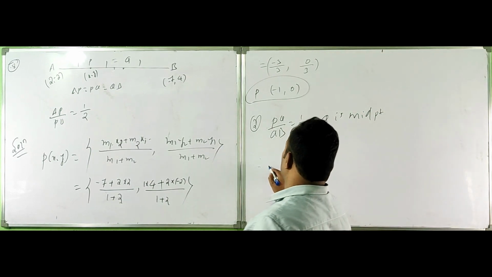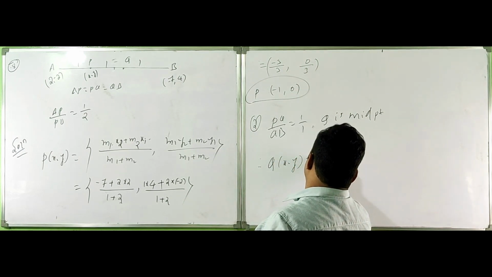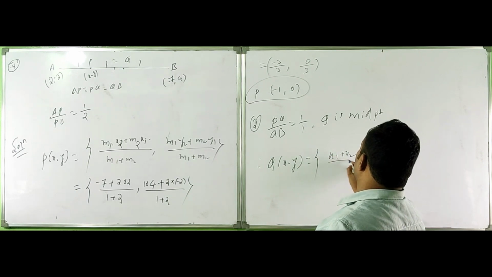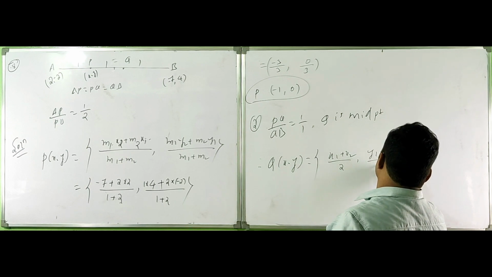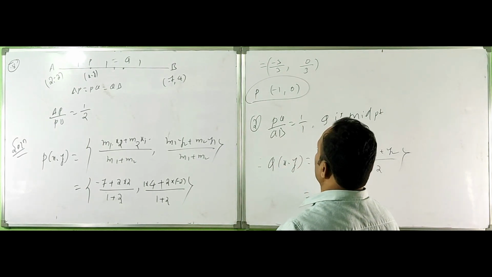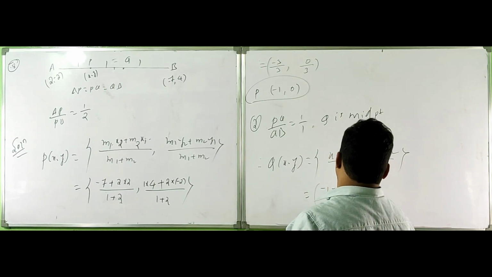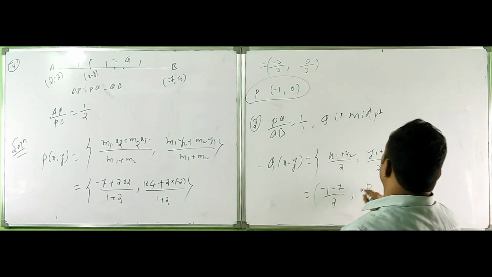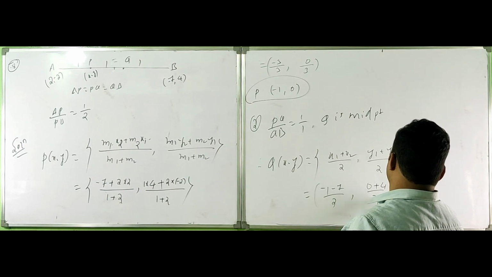Therefore, Q(x, y) becomes (x1 plus x2) divided by 2, (y1 plus y2) divided by 2. What is x1 here? Minus 1, minus 7 divided by 2. Y1 is 0, plus 4 by 2.